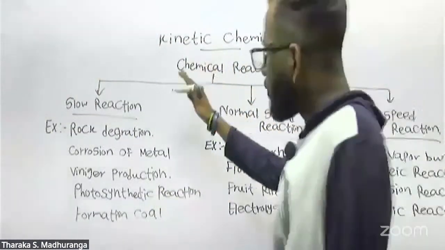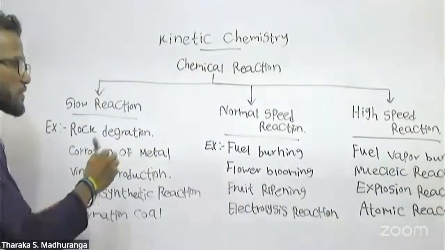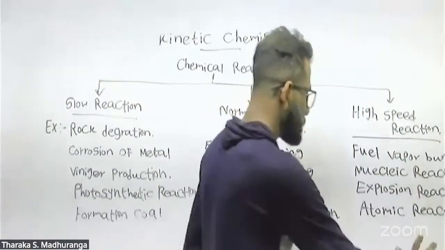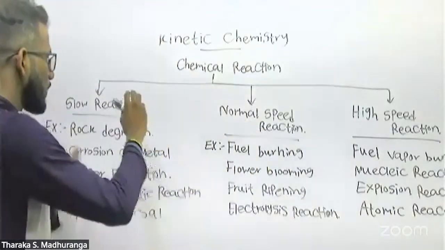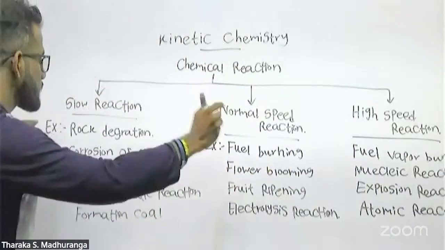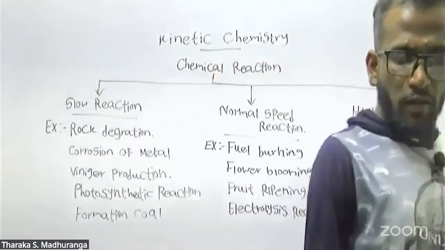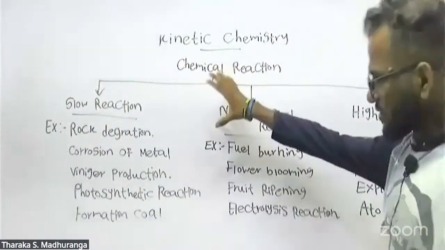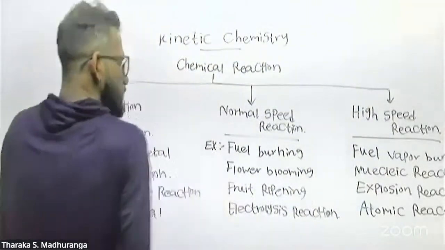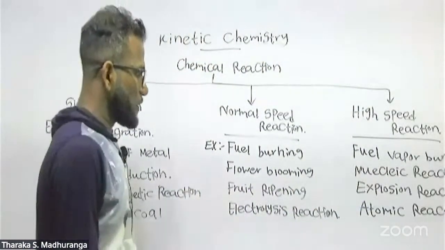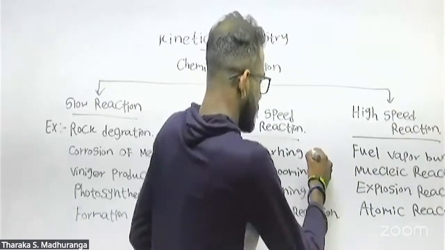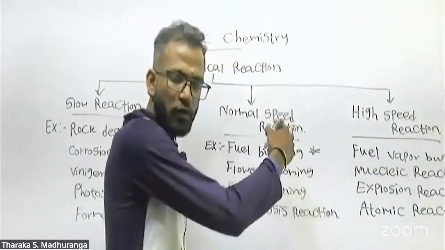Now prepare this table: slow speed reactions, normal speed reactions, and high speed reactions. Divide into three sections and write down examples. If you want, you can find others in our syllabus. Remember this, fuel burning is not a high speed reaction.